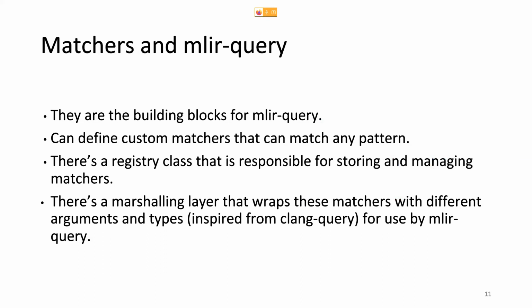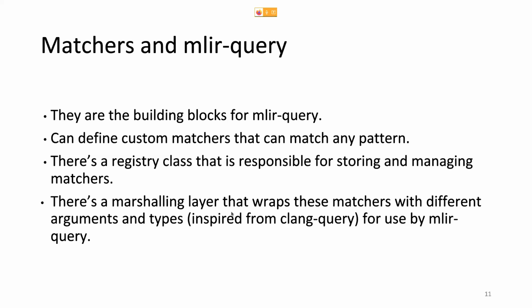But how does it work? For that, we need matchers. Matchers are the building blocks for MLIR query, and you can define custom matchers that can match almost any pattern. How this works is that there's a registry class that's responsible for storing and managing matchers, which links a matcher string to a function pointer, which I'll show you.